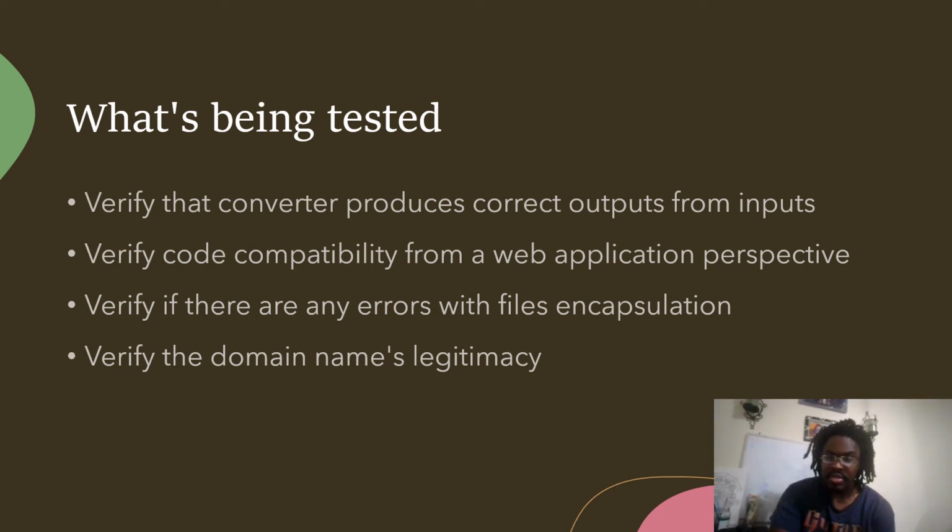Same thing with nested files and the infrastructure of our file system: we want to make sure that everything is clean and clear, and that there aren't any errors. And also, we want to verify the domain name legitimacy to make sure that once we go on this website, we're clearly on that website and we don't have any issues.